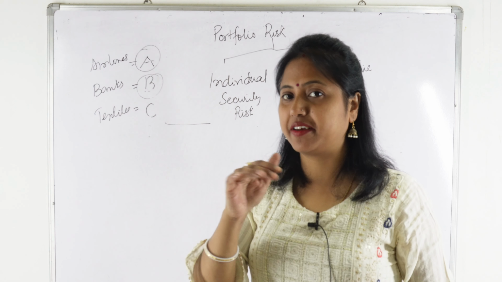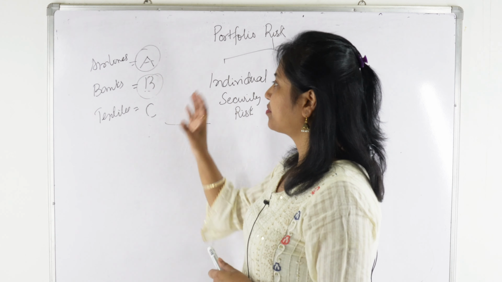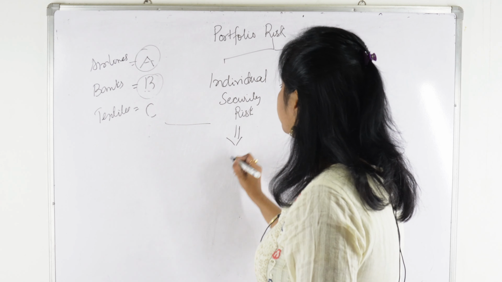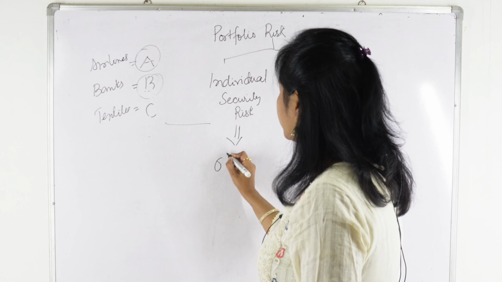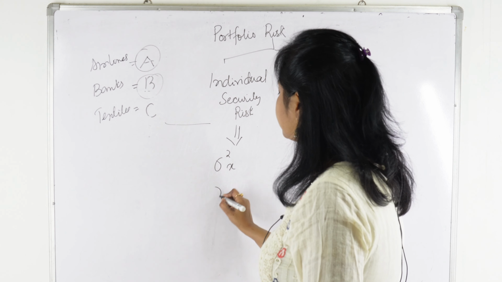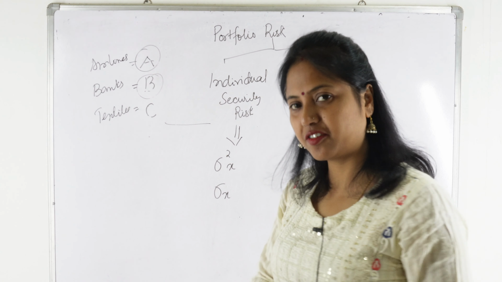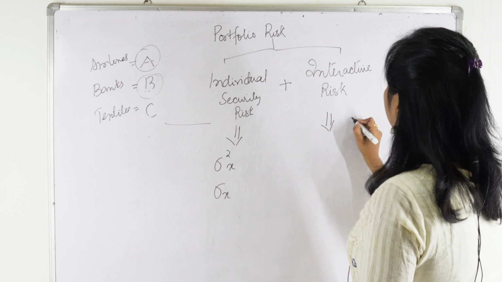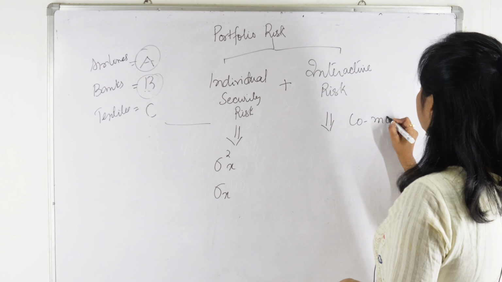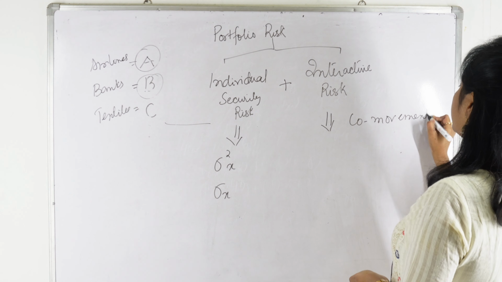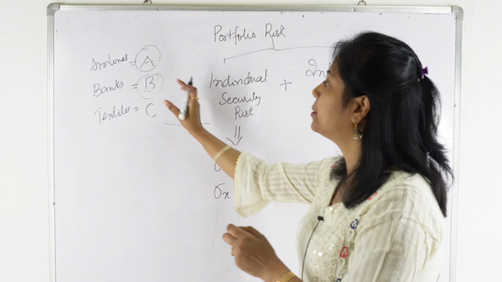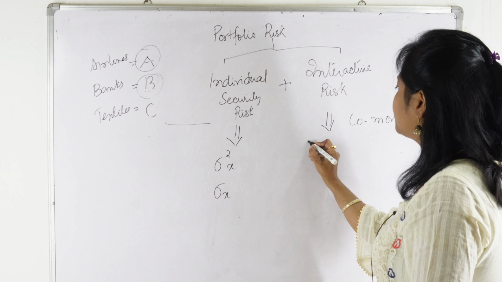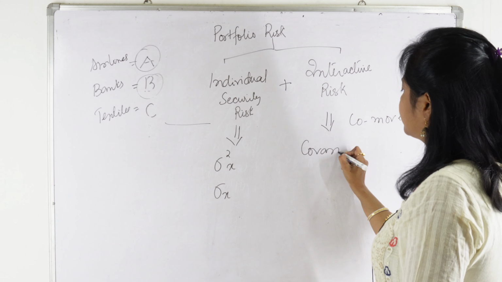My dear friends, in my last video, we have seen that individual security risk is calculated with measures like the variance of security X or the standard deviation of security X, right? But for interactive risk, I am trying to find out the co-movements. I want to know how much these stocks are moving together. We want to know how they behave together. So I make use of a statistical measure called covariance.